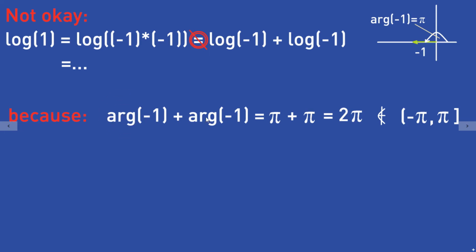So the argument of -1 plus the argument of -1 is equal to pi plus pi, which is equal to 2 times pi, and 2 times pi is not inside of this interval anymore. So we are not allowed to use this calculation rule at this point here. So be careful when using the complex logarithm, because it can lead to strange and wrong results pretty fast.